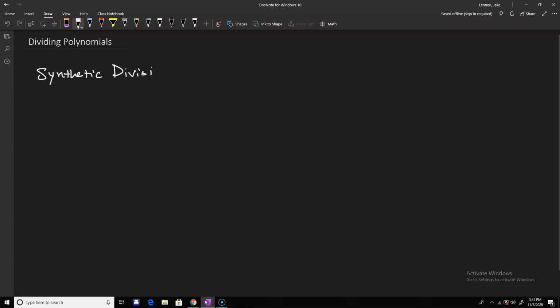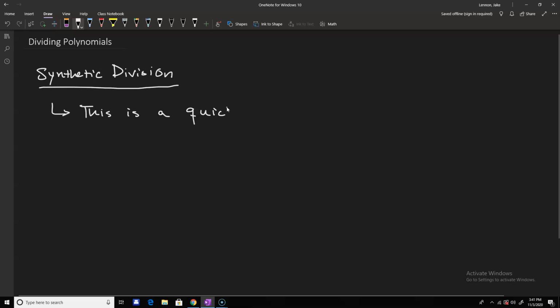This is a shortcut method that works when you're dividing by a polynomial of the form x minus a constant. So this is a quick method when we divide by x minus c.